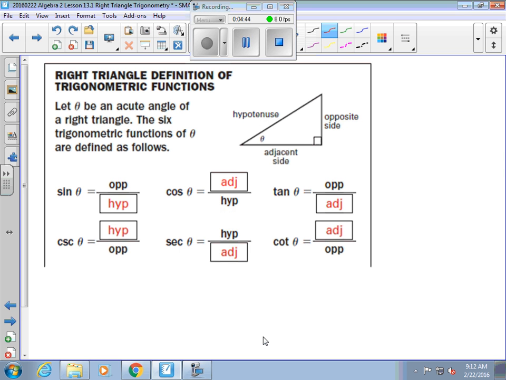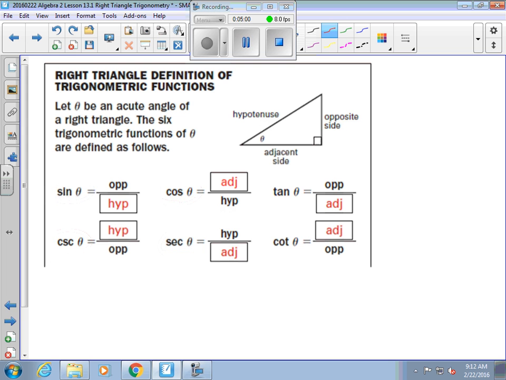Now, the mistake I see students making with this is they want to pair sine with secant, and they want to pair cosine with cosecant since they both have the co in them. Remember, make sure you don't do that.